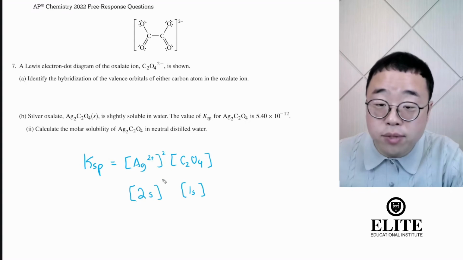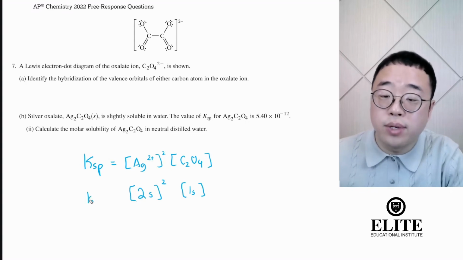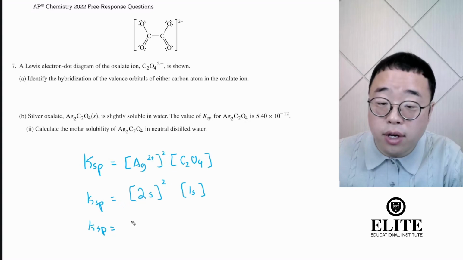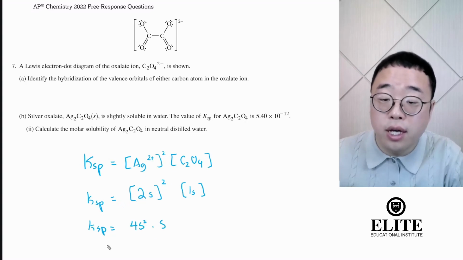And we'll carry down the exponents. So we have the constant is now equal to this term. If we do some algebra here, we have 4s squared times s, and so Ksp is equal to 4s cubed.